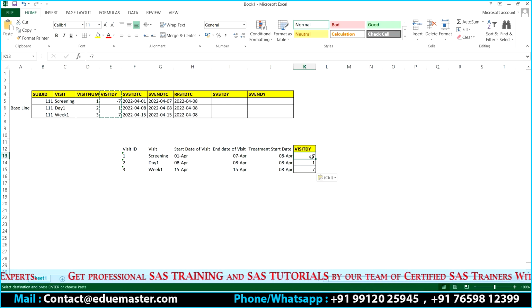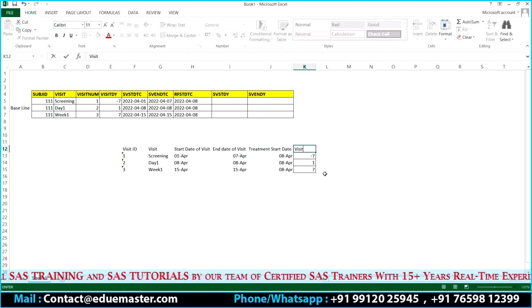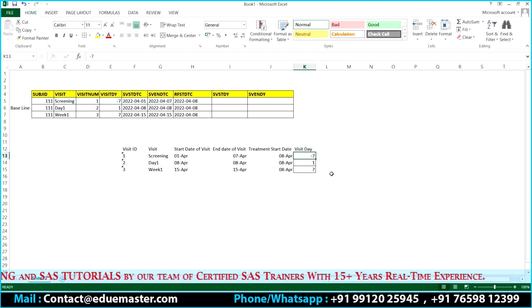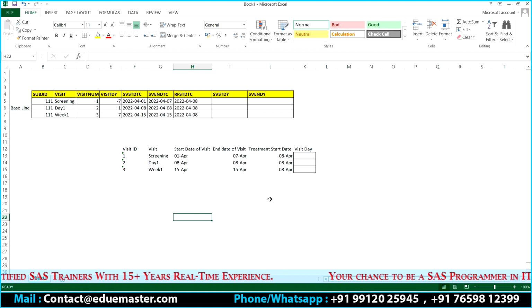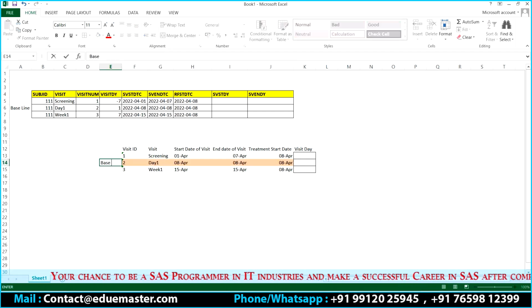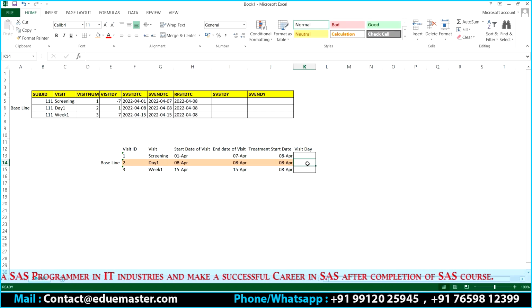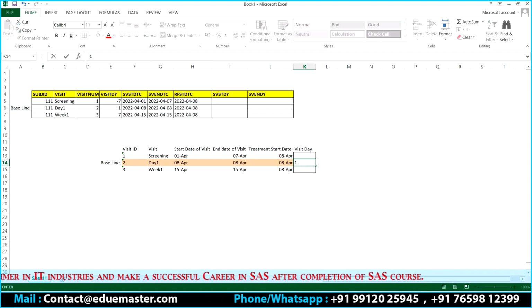Let's say this is visit day. Visit day is nothing but from the baseline you need to see. What is baseline? When the treatment happened, this is my baseline. Whenever the treatment is happening, that is baseline. We call it 1.